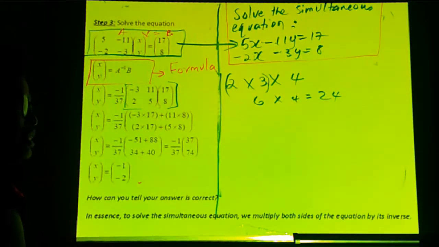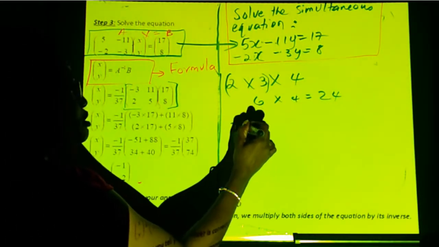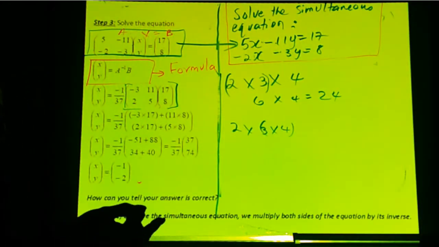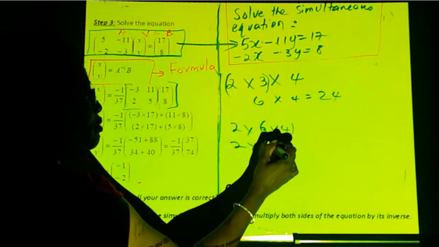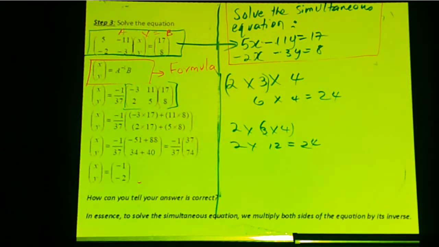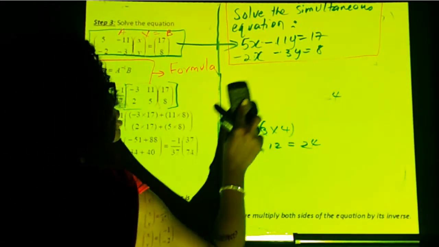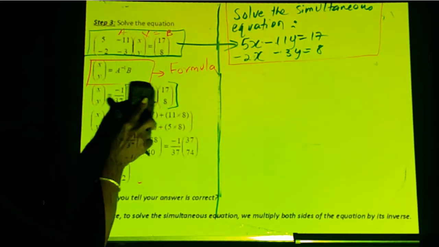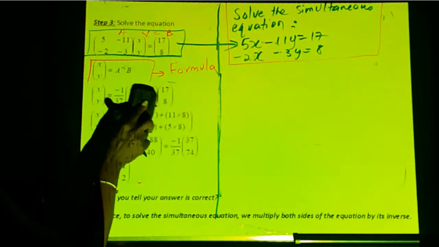If I multiply 3 times 4 first, I'll get 2 times 12. I still get 24. So what this is saying is that I don't have to multiply the fraction with the first matrix first. And let me erase that so it's clear to you.